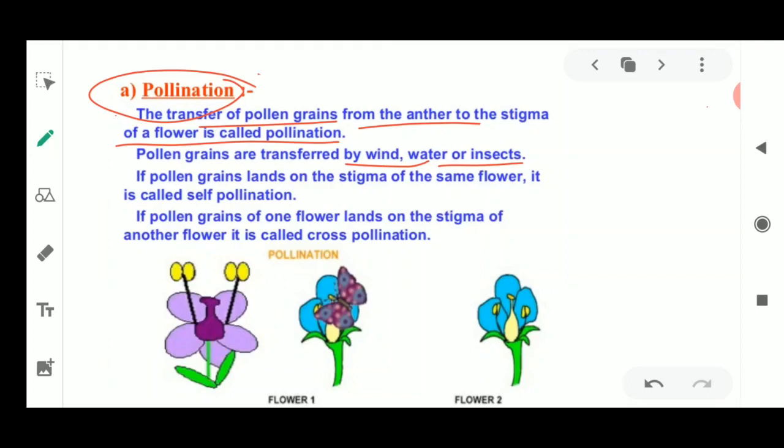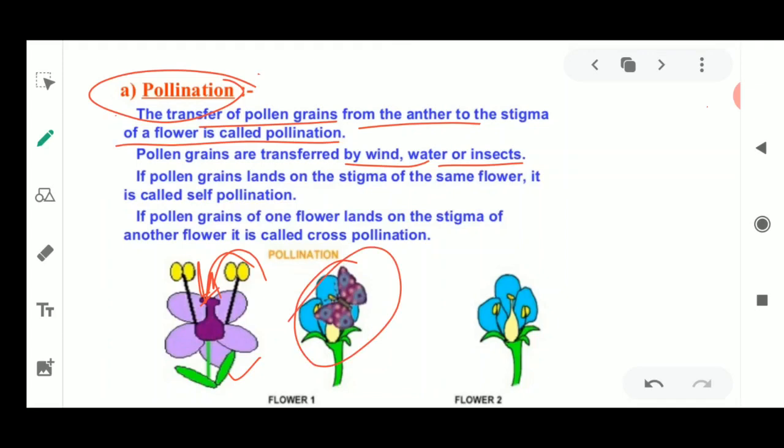As you could see here, with the wind, if the wind is blowing, and the anther and stigma are present very close to each other, the pollen grains come out from the anther and go and stick onto the stigma. Or if a butterfly comes and sits on a flower, it is going to take up the pollen grains.